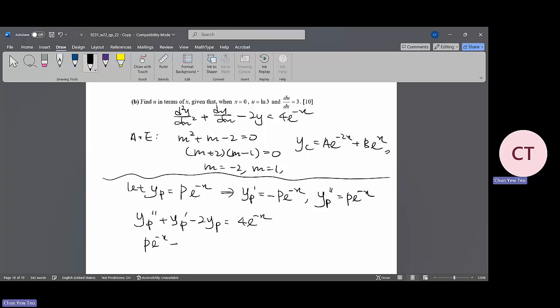So it will be be^(-x) plus negative be^(-x) minus 2be^(-x). All joined together, you will get negative 2b.